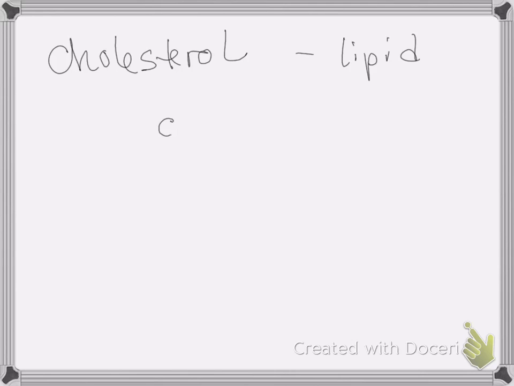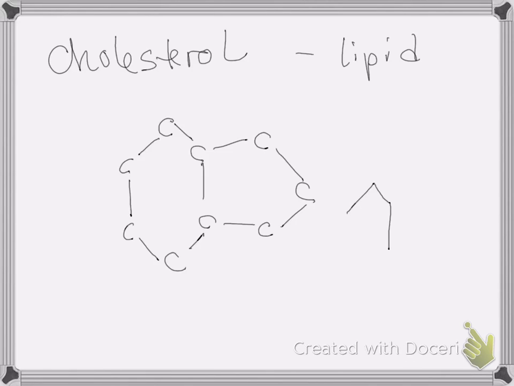Cholesterol actually exists in the form of a ring structure. You are not going to be asked to draw it from memory. So that's sort of what the carbons look like. There are some more carbons in there somewhere. But when it forms a ring like that, usually we just abbreviate it. And wherever there's a corner, there's a carbon.